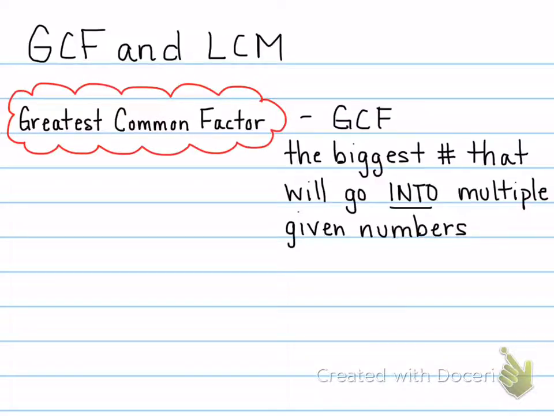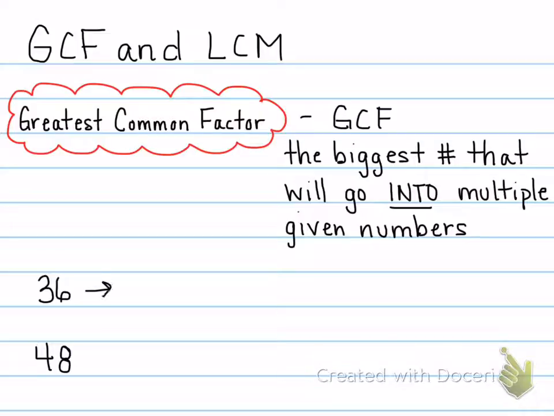So there's a lot of ways to do this, but we're going to first start with just writing factors and finding a common one. So if I give you the numbers 36 and 48, and I want to find the greatest common factor, I want to find the biggest number that goes into both of these, I'm just going to list all the factors of 36 and 48.